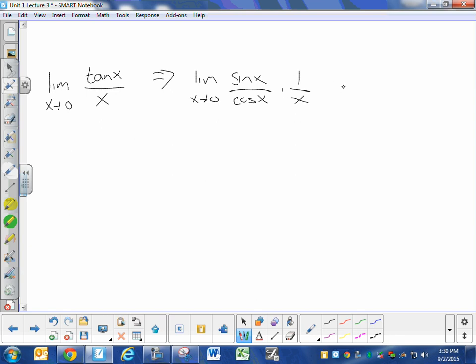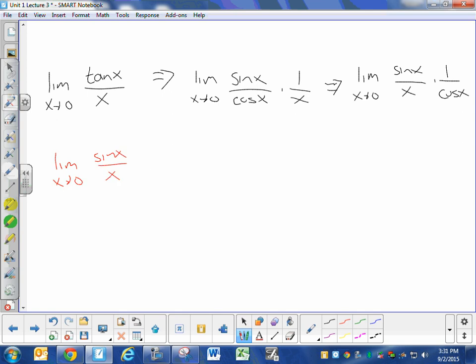Then I can move things around so that I have what I want. I want to get rid of this x, so I'm going to put it with sine. And then I'll show you that next step, but this is the unnecessary step that you won't have to do on your homework or on quizzes or anything.